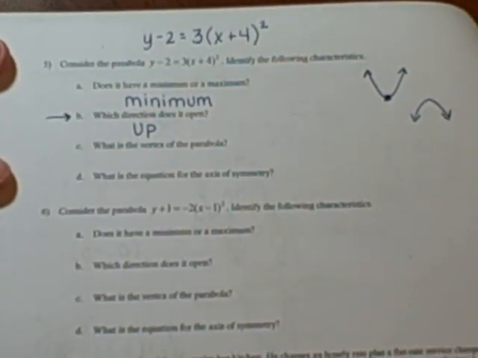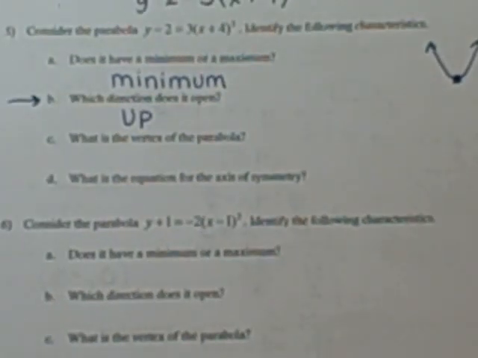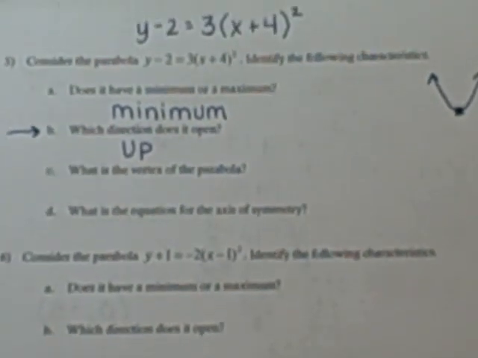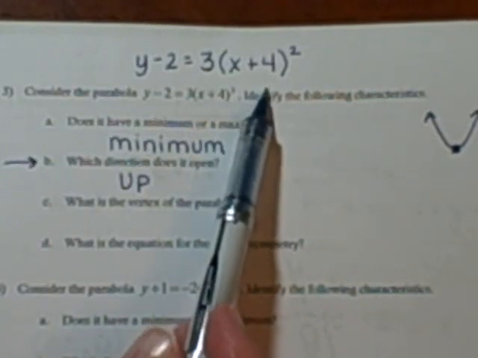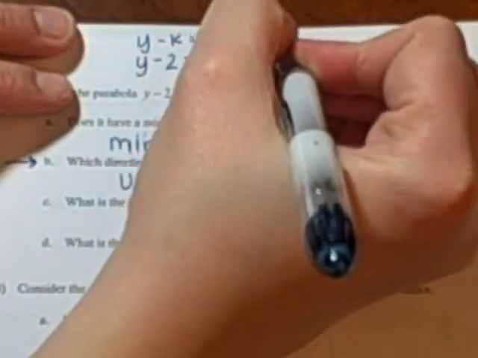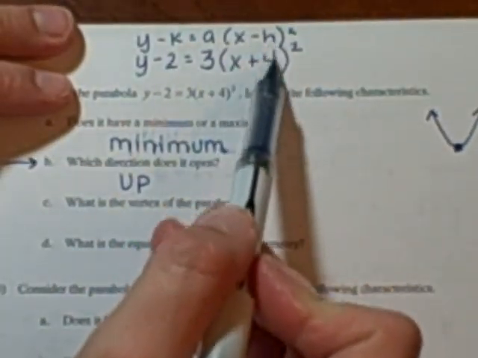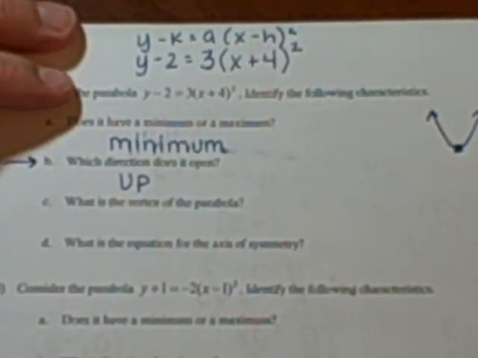All right, part C wants to know about the vertex of the parabola, which again, you could take off a graph on a graphing calculator, or you can just look at the equation itself. Remember that on the previous page, we talked about vertex form of a parabola, and this is written in vertex form, which means that if I compare it to what vertex form should look like, the H and the K are the numbers that tell me my vertex.